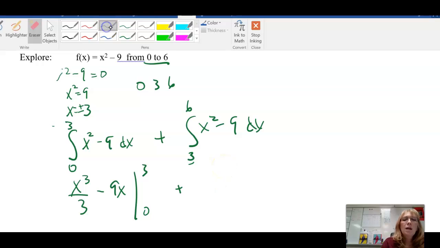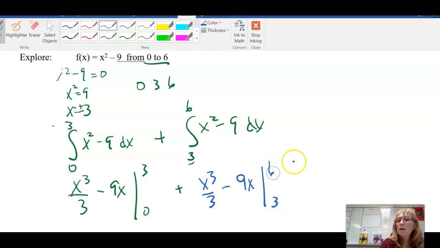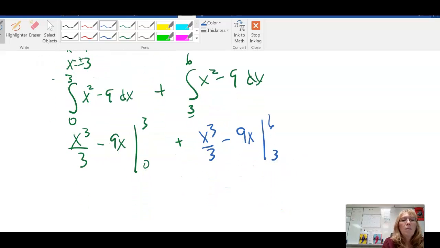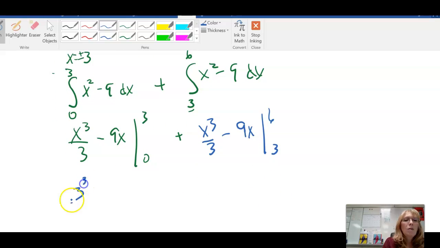All right, let's try this again. X cubed over 3 minus 9x, all from 3 to 6. Type in your numbers. So you've got 3 cubed over 3 minus 9 times 3. And when you plug in 0, you're going to get 0.